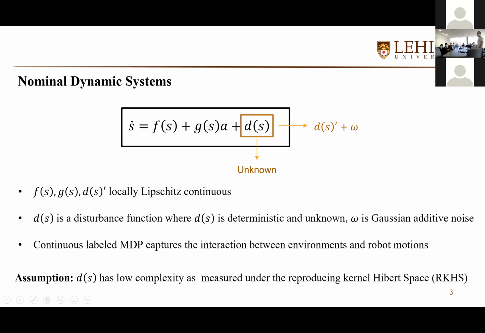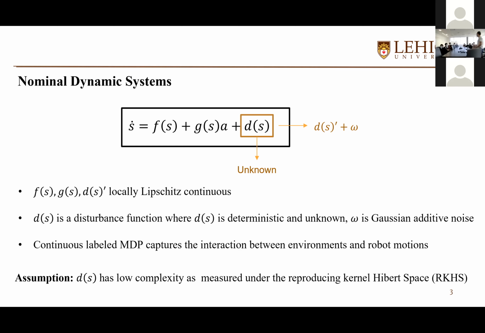Technically, we consider a general continuous dynamic system with disturbance function D(s). D(s) has two parts, which are D prime (s) and Gaussian noise. F(s), G(s), and D prime (s) are all locally Lipschitz continuous. Does the prime indicate a derivative or is it just a new name?